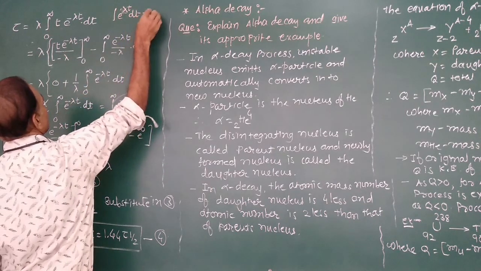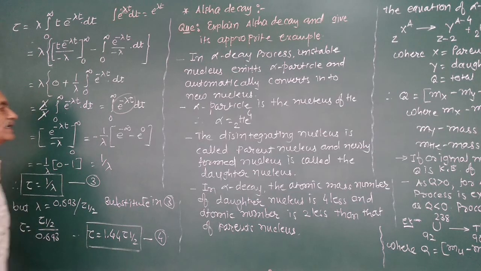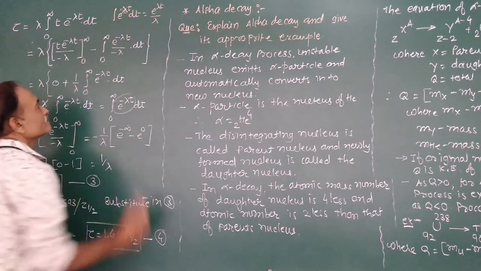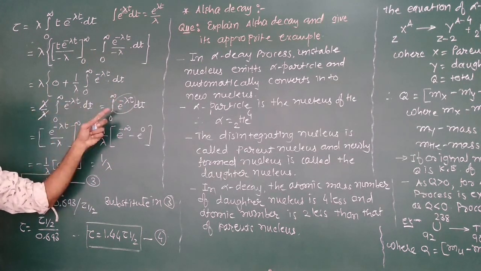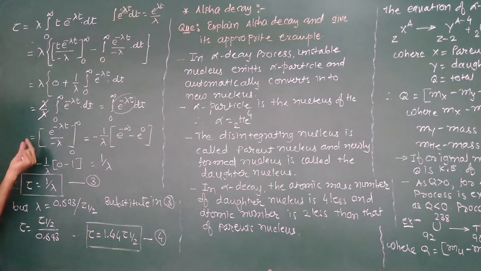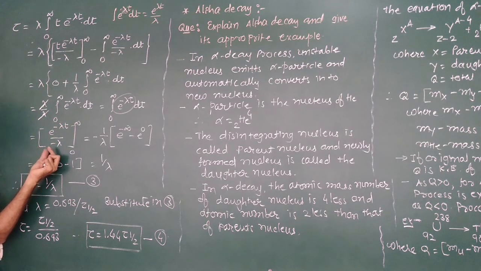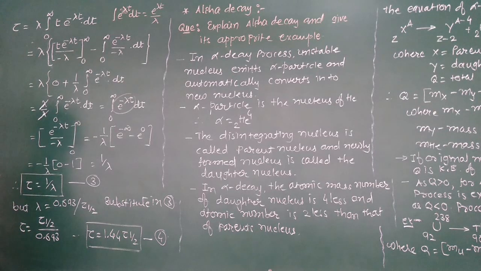So its integration is e^(lambda t) upon lambda. Therefore, integration of e^(-lambda t) into dt is equal to e^(-lambda t) upon minus lambda, value varies from 0 to infinity.